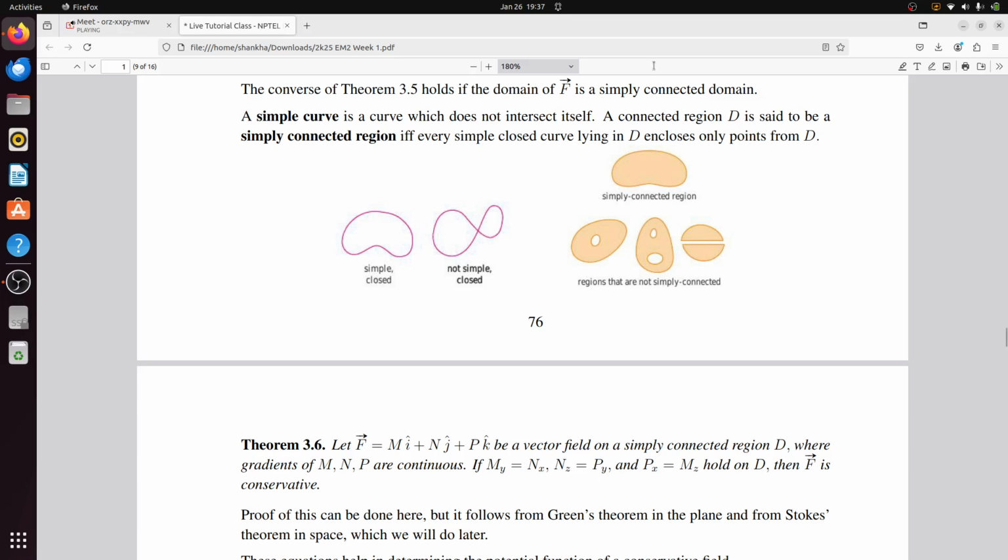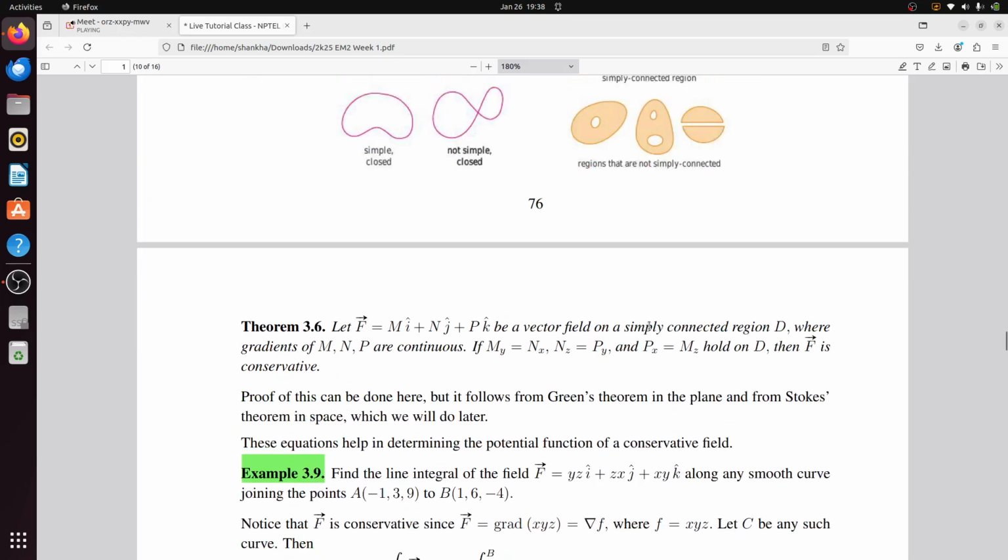But here this thing is not happening because they are donut shaped. You take 1 point from here, 1 point from here, you join, that line will cross the hole, sir. There is a hole. In fact, this is not connected. This is disconnected because it has 2 pieces. If you disjoint it, then it is actually a collection of 2 simply connected regions. Yes, sir. Okay, so now what is the next problem?